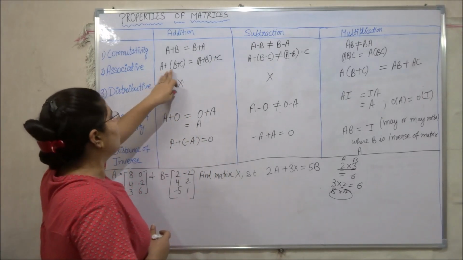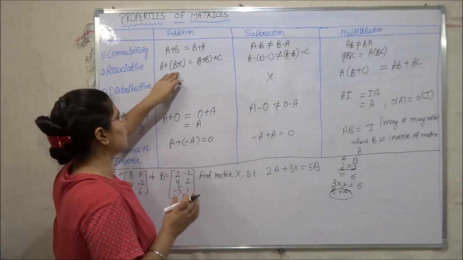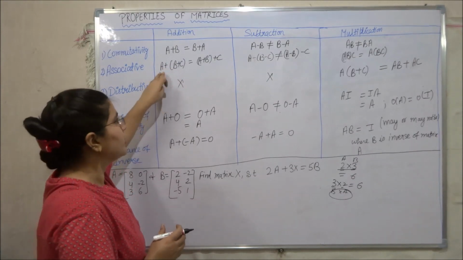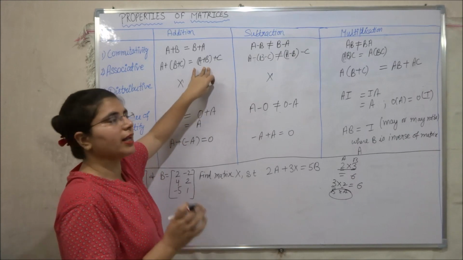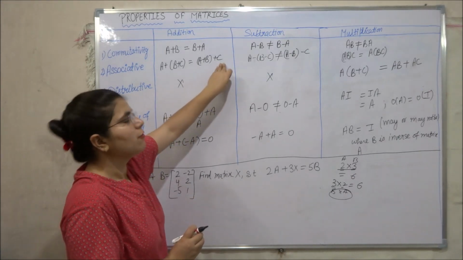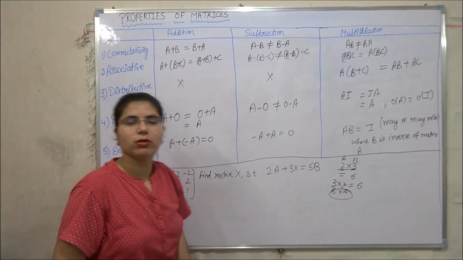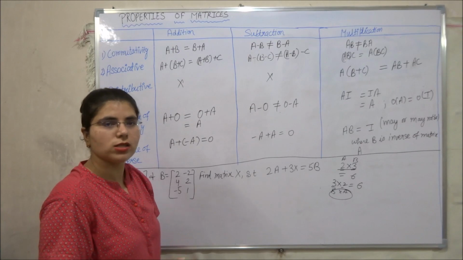Now whenever we are adding B and C matrices, then the addition of these two matrices when added with the matrix A, that will be equal to the addition of A and B matrix and the resultant matrix when added with the C matrix, then left hand side will be equal to right hand side. So under addition, associativity will also hold.